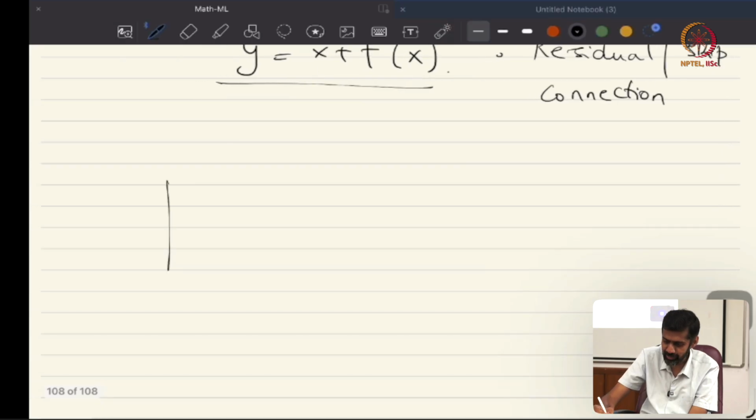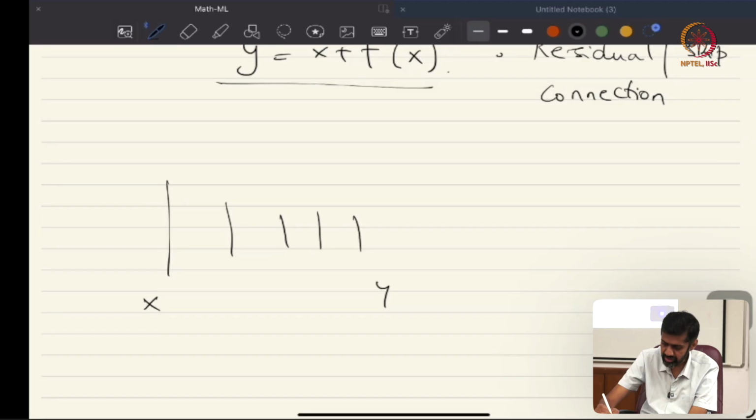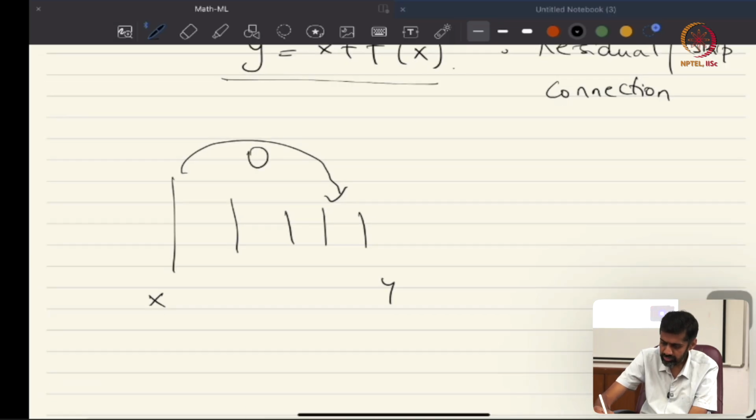Let's say you have an MLP like this, right? This is x and this is y, you have connections this way. Suppose I take this and put it here and connect it to this layer without any weight. Sorry, this is plus. So this is a skip connection.